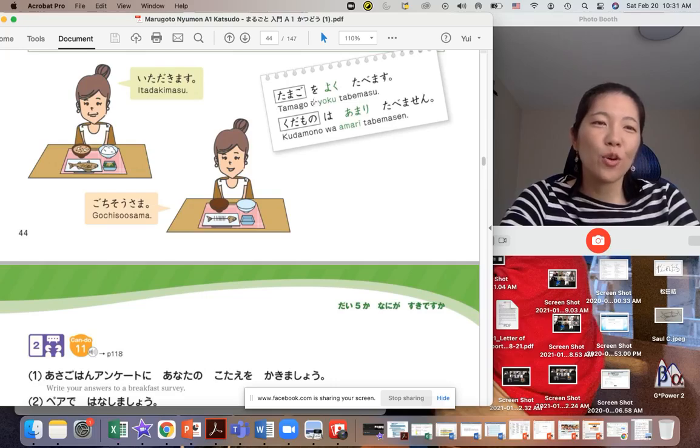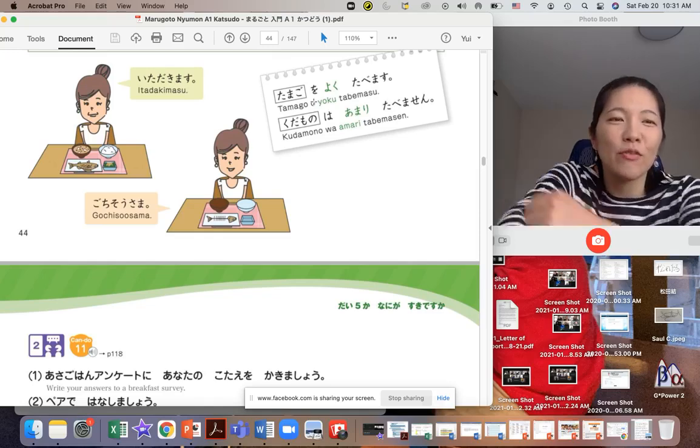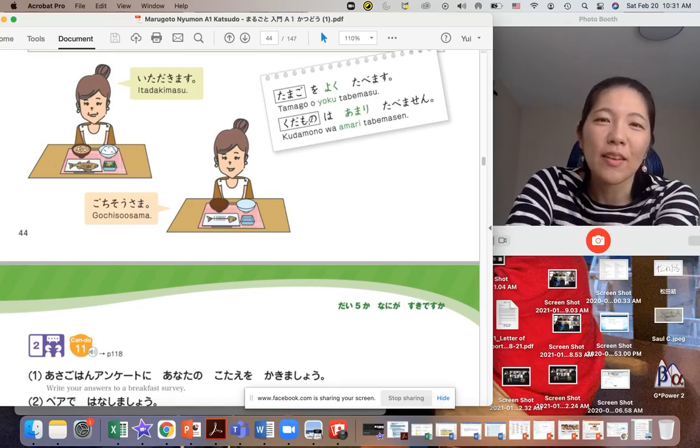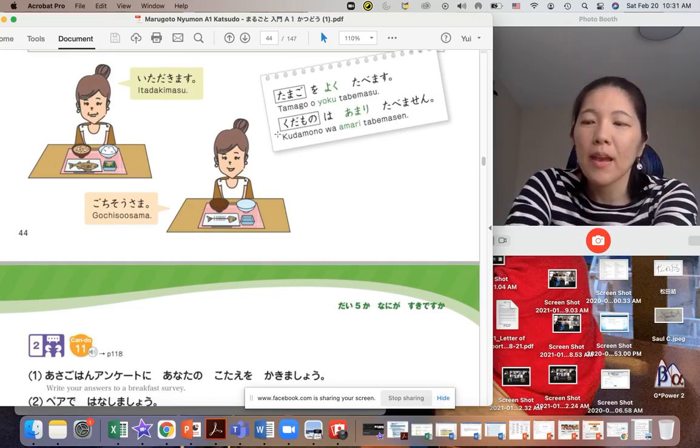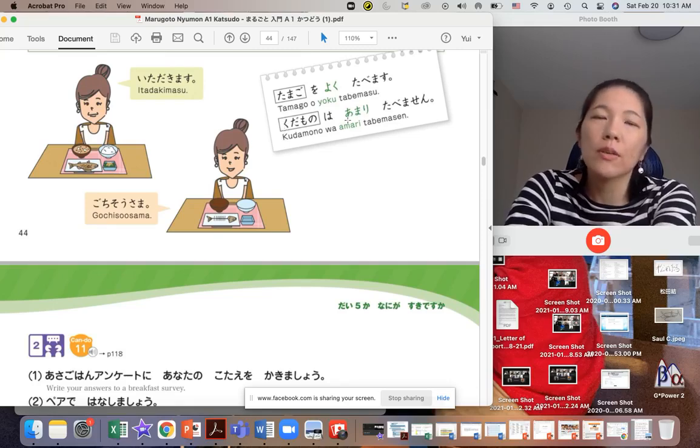With other food, like チョコレートをよく食べます. I often eat chocolate, something like that. But on the second part it says 果物はあまり食べません. 果物 is fruit. あまり, not frequent.